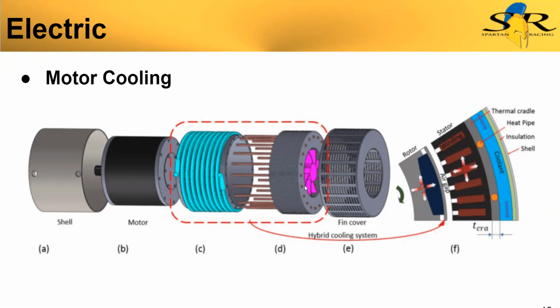The electric motor will have a coil going around it, and some newer motors also incorporate heat pipes, and heat pipes are an even more efficient way to transfer heat. They're really lightweight and really fast.